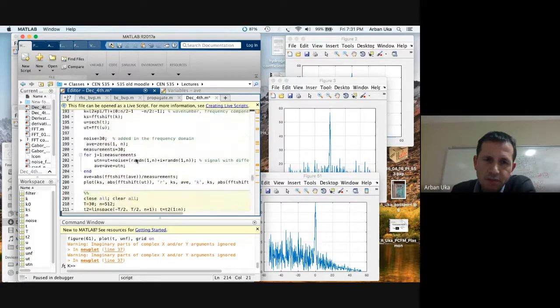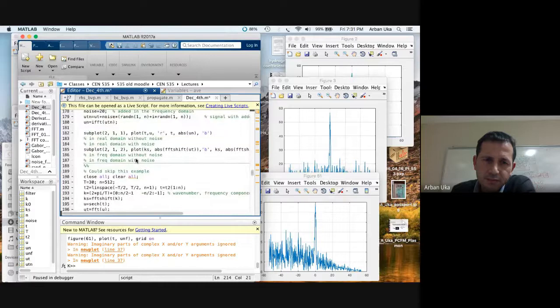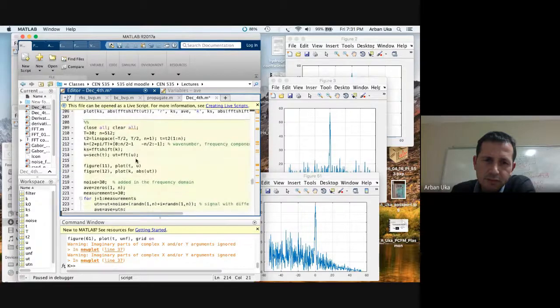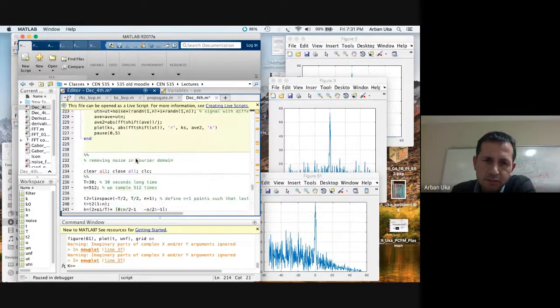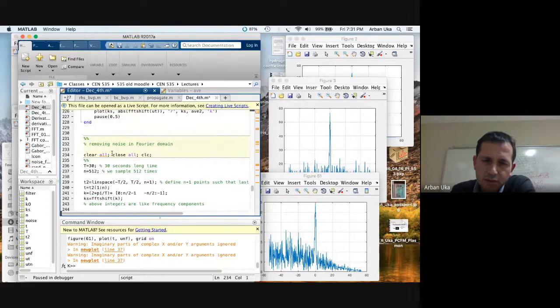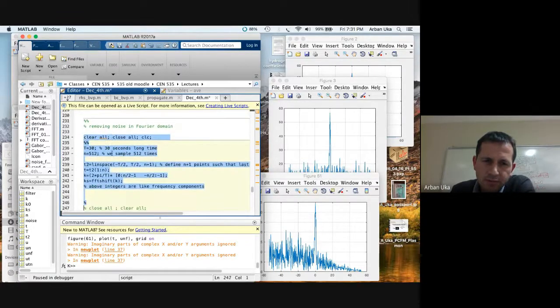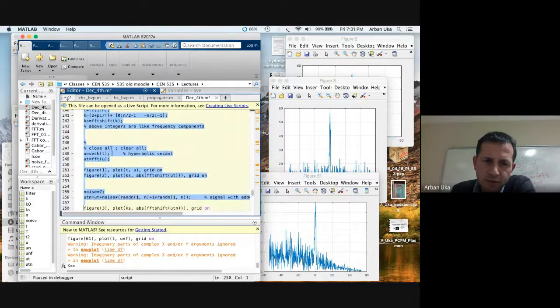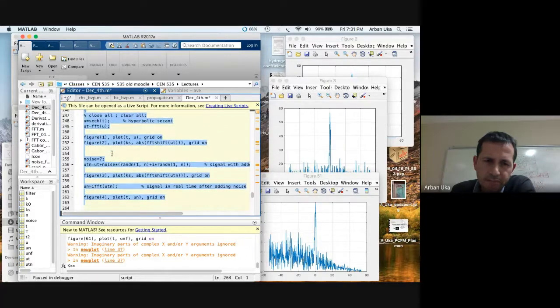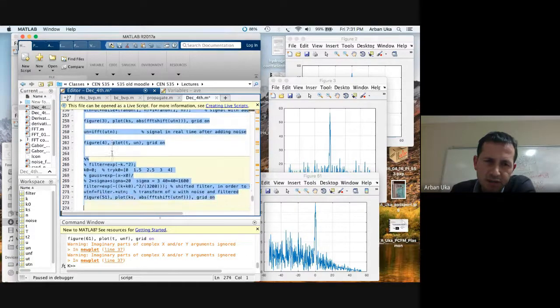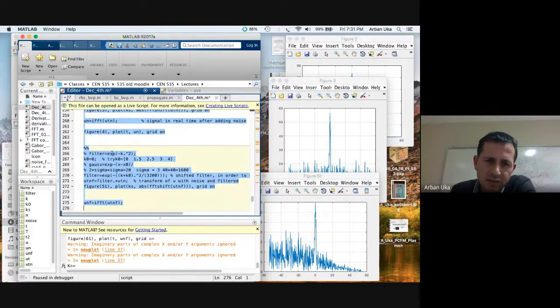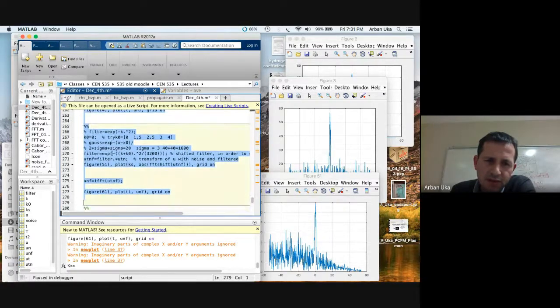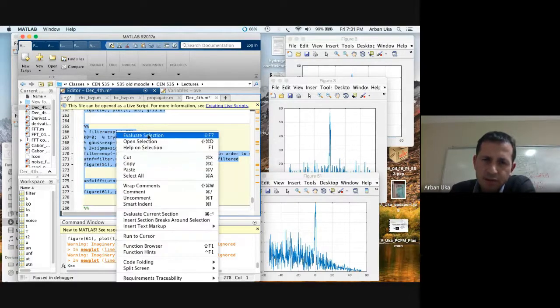Which line were we? I think we are here, line 234. Create the function noise level, this one. We use a filter centered at 0, but it's unrealistic to use a filter centered at 0 with a bandwidth of 40, which is line 269. Let's see what we get.